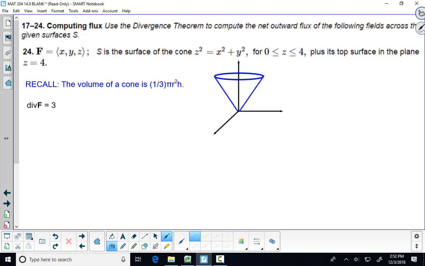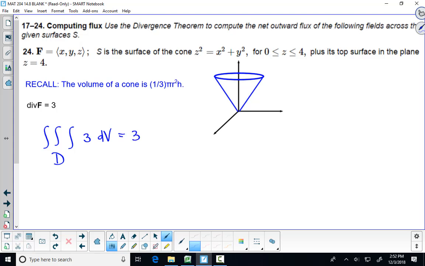Okay, so let's go ahead and do the triple integral piece first. So the triple integral side of the divergence theorem, we integrate the divergence over the solid object. All right, so we have a pretty simple way to do this.